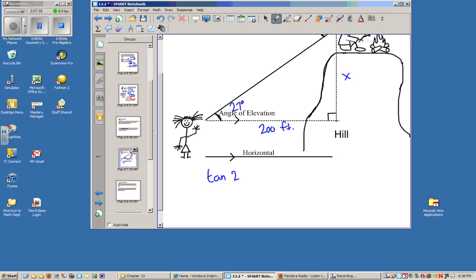Tangent of 27 equals opposite, which is x, over 200. If we multiply both sides by 200, we get that x equals 200 times the tangent of 27, which is 0.51. And we get that hill to be 101.9 feet tall.